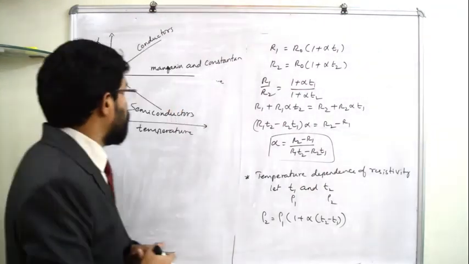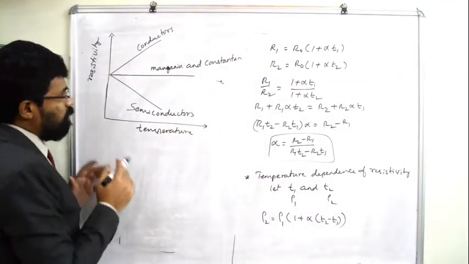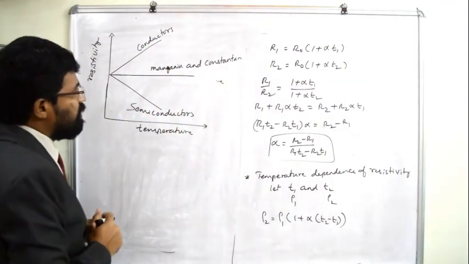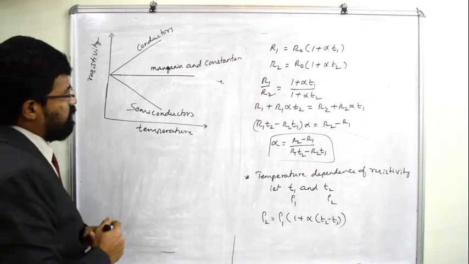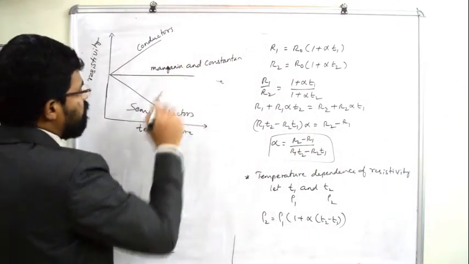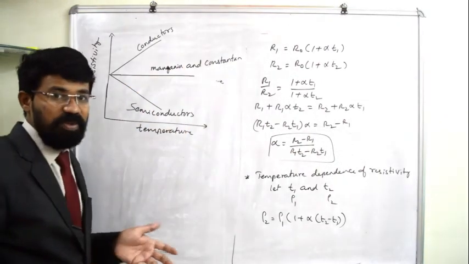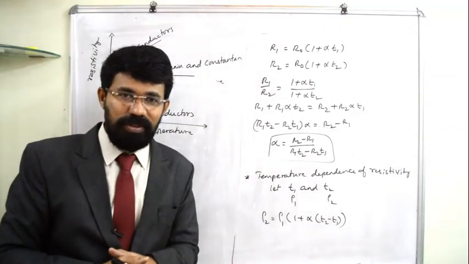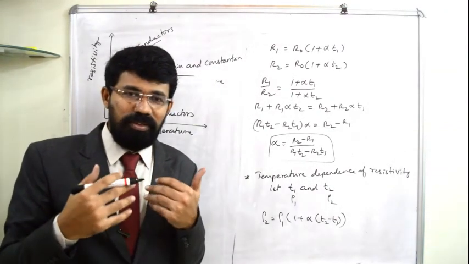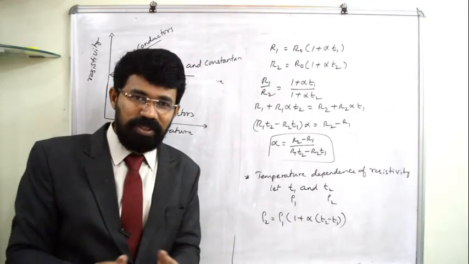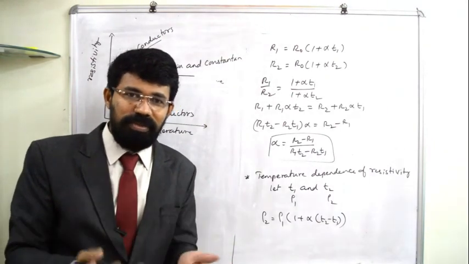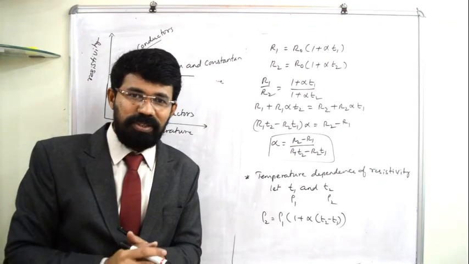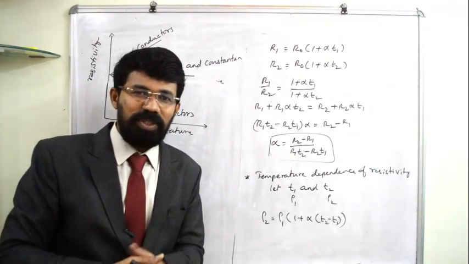So these kinds of materials are used, which are almost completely immune to temperature fluctuations. Their resistivity remains constant. The reason is they were already having randomness. The degree of randomness is more when you take alloys, so they were already having high values of resistivity. Though you change the temperature, there won't be much change.